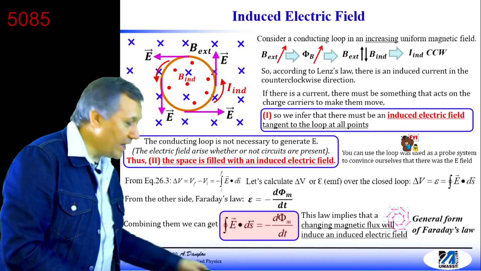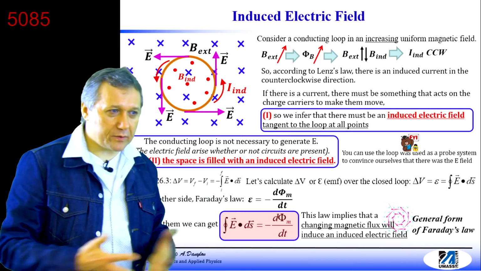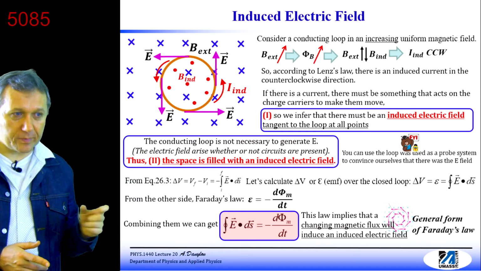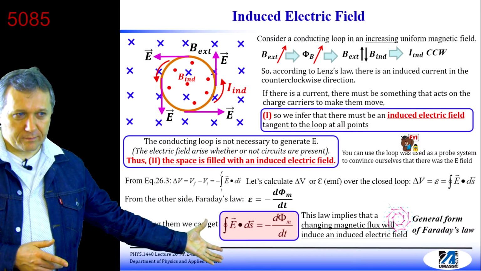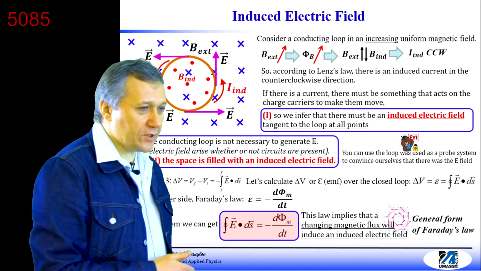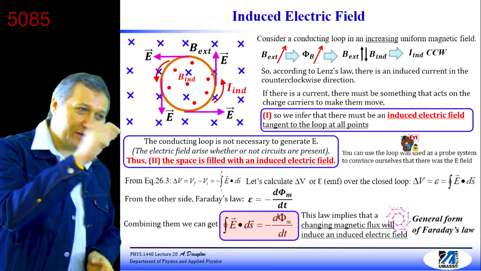You can open any book in physics at the page about Maxwell's equations in an integral form, and you will usually see this as equation number 3. You will never see a physics book with the whole set of Maxwell's equations where EMF is used.